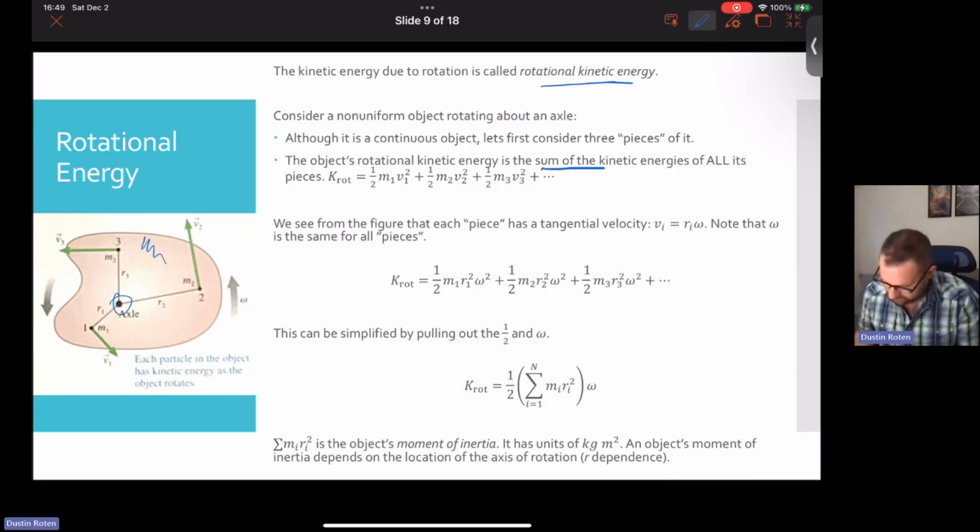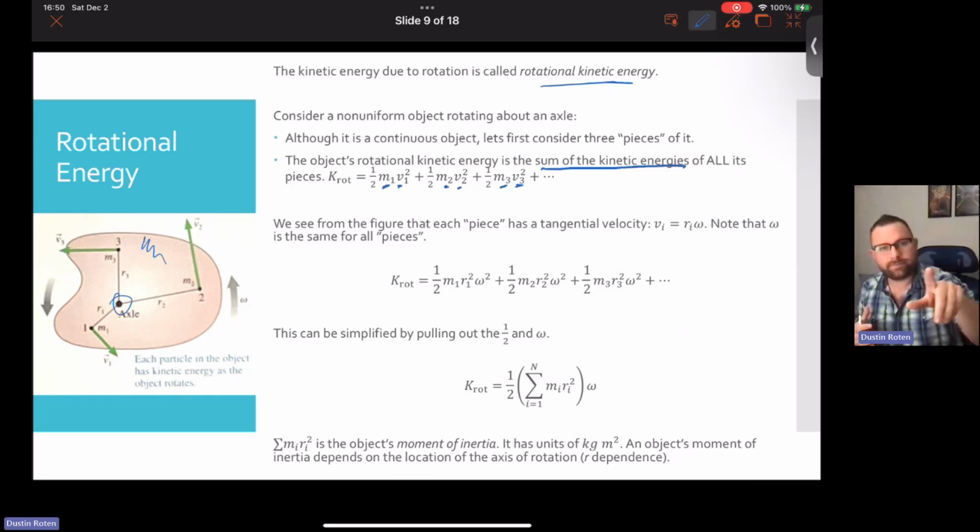Kinetic energy is 1/2 mv squared. So we take the mass and the velocity of each of these pieces, add them up, and that's our rotational kinetic energy. Obviously, we need to keep adding them up across the whole object and not just 3 pieces, but this is just to show how the math looks.